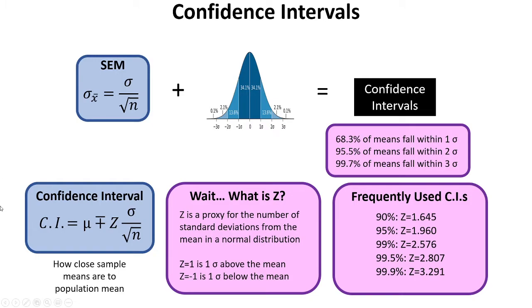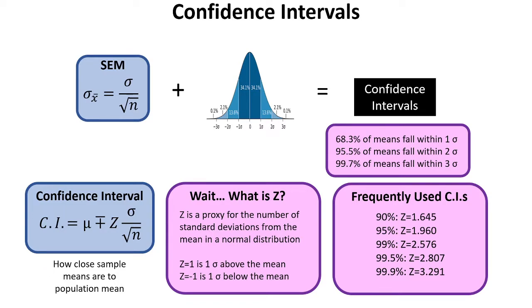But what I didn't make explicit back then is that this version of the confidence interval is telling you how close the sample means are to the population mean. All right, so we're starting out with our population mean and our population standard deviation, and we're seeing that the distribution of sample means around it is going to be in this normal curve, right?